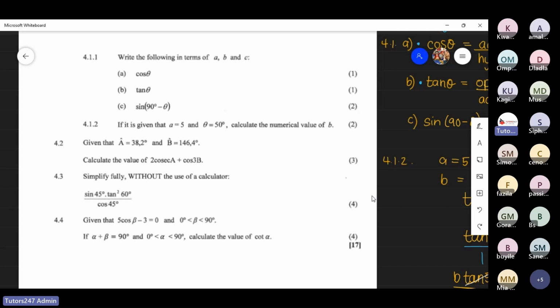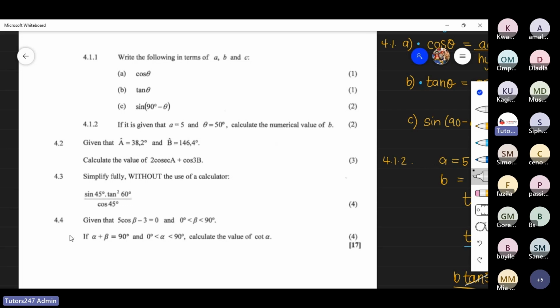So we are now given the values of angle A and angle B. Keep in mind that little hat thing on top represents angles. So when you see a variable that has that little hat, always take note that they are referring to an angle. So in this particular case, they are referring to angle A and angle B.